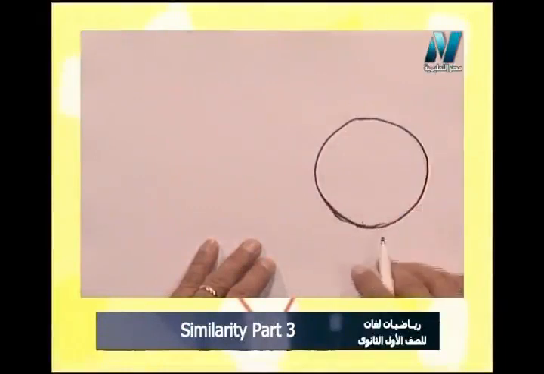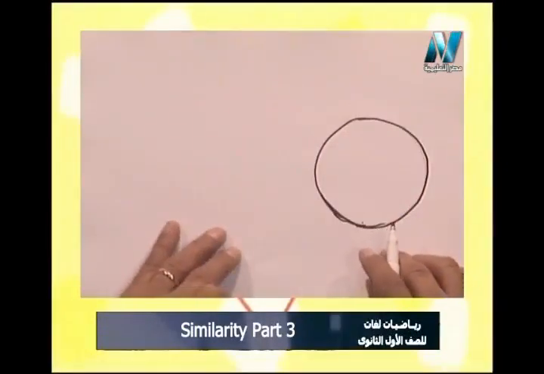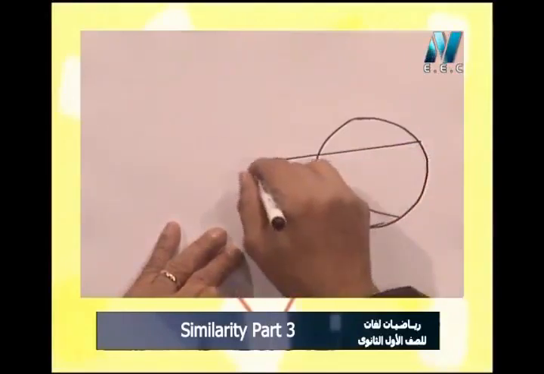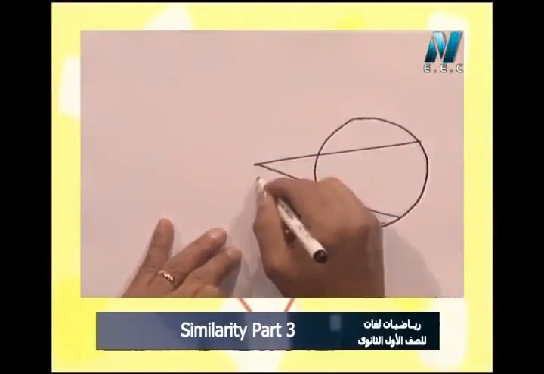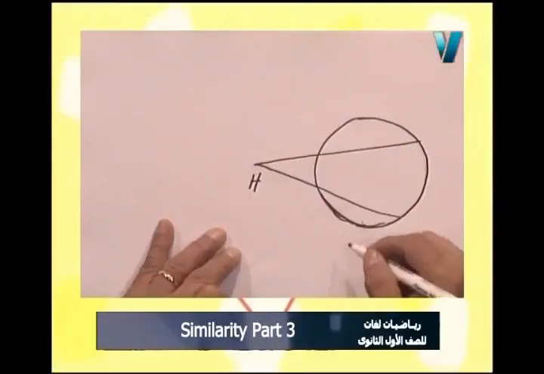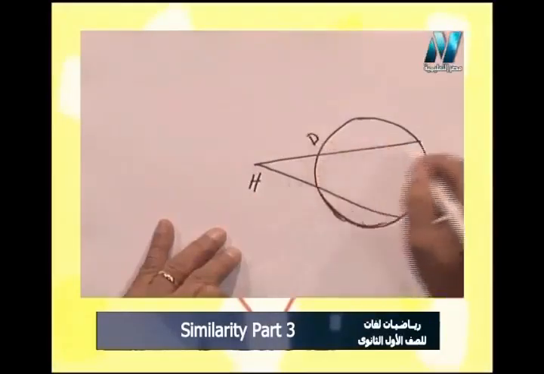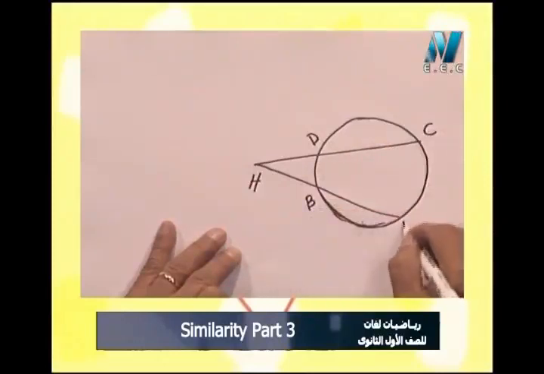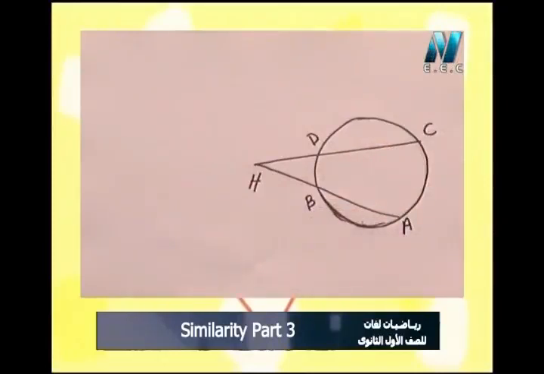Forgive me about the circle. We have here two chords but they intersect outside the circle. It is H now, D and C here, B and A. And we'll put the lengths of the sides.